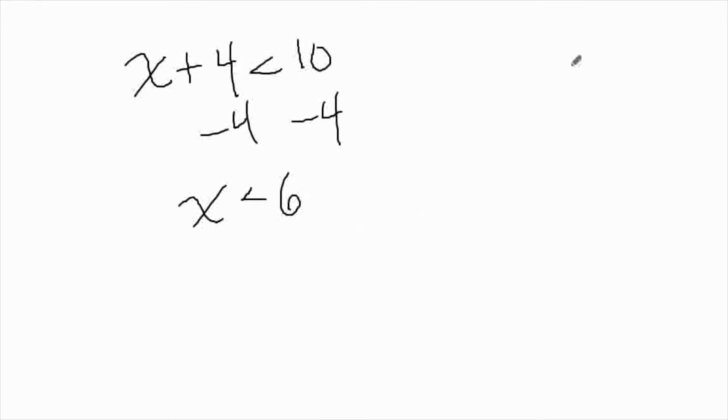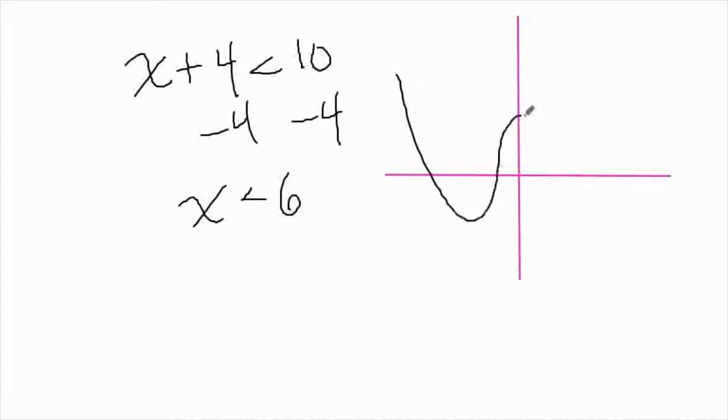Let's say I had some complicated polynomial, and let's say that I graphed it, and I want to know for what values of x it is less than 4. So here's the polynomial, here's 4. Where is this polynomial less than 4?